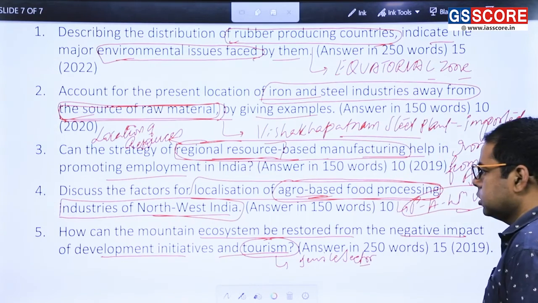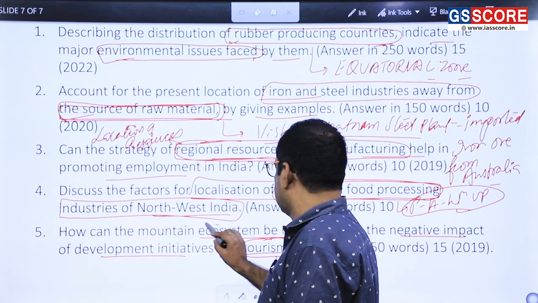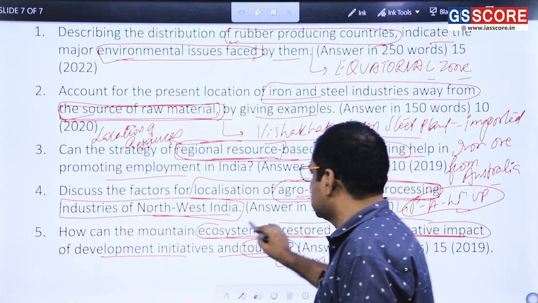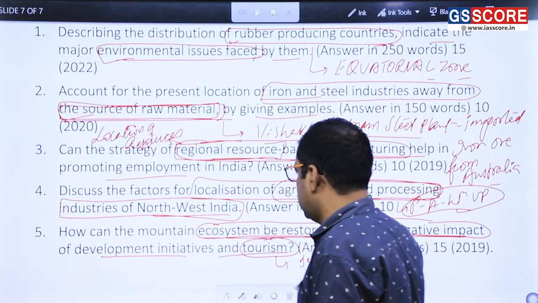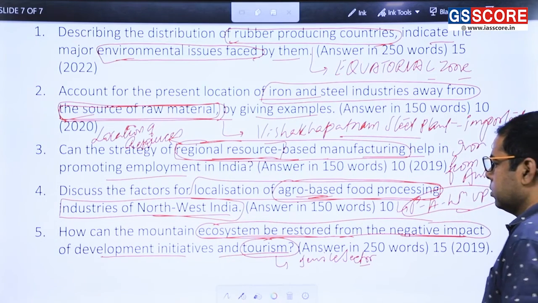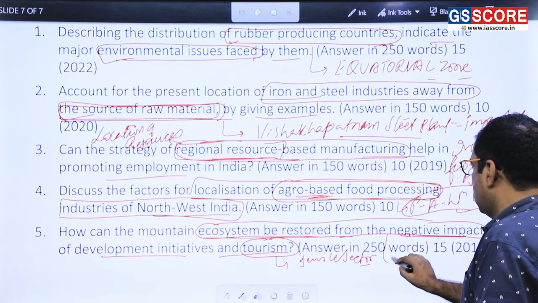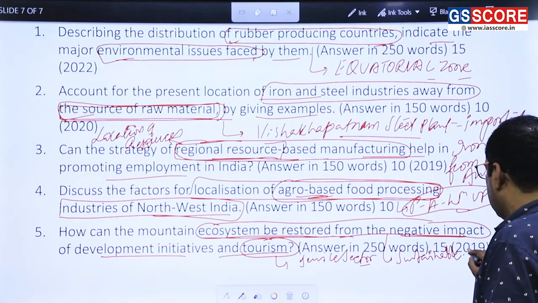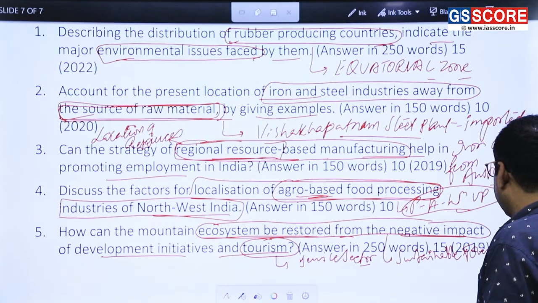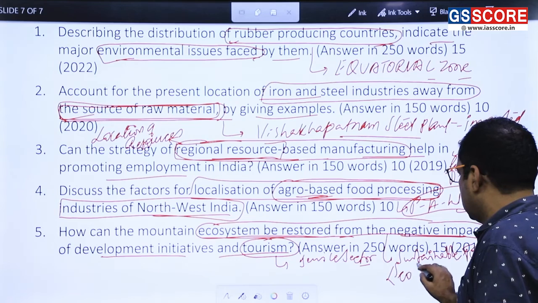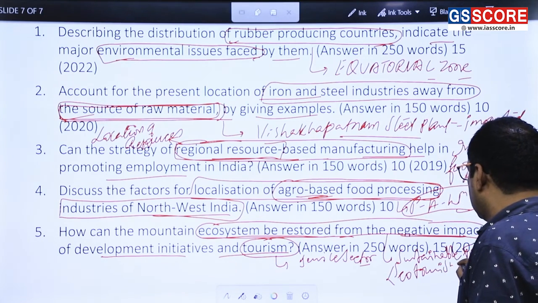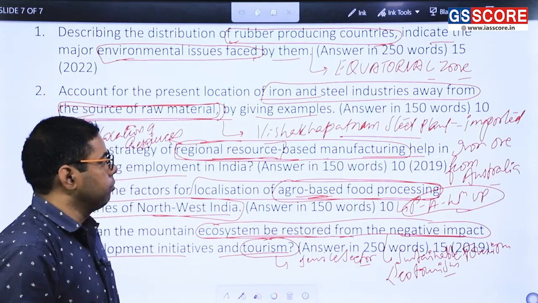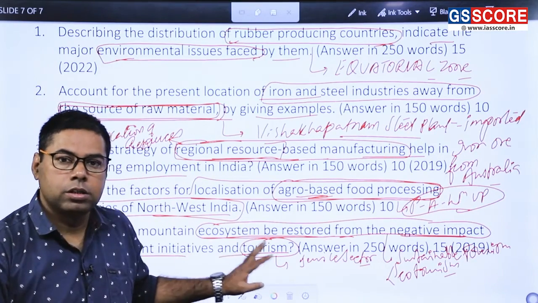But this is how the mountain ecosystem can be restored from the negative impact of development initiatives and tourism. So we will go for sustainable tourism and ecotourism, right? This way different questions have been asked in different sections.